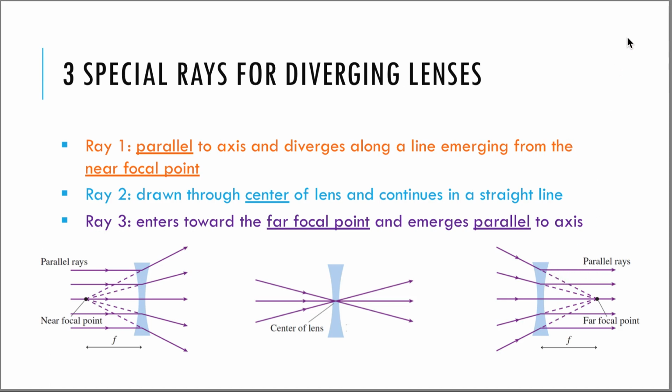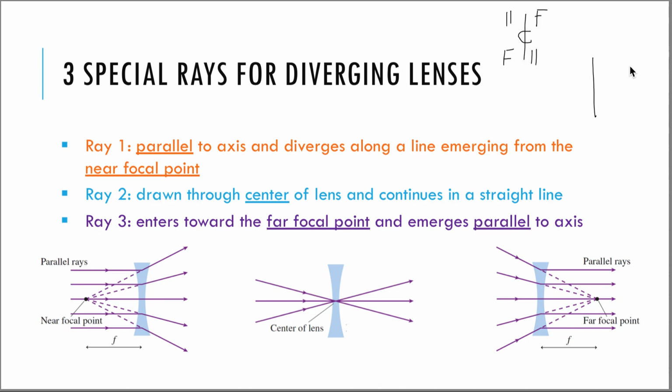The way that I remember these rays, I do my similar little symbols here, but it's different from the converging lens. For the converging lens, we said parallel on the left side, focal point on the other; it went through the center; focal point on the left, and parallel on the other. That was the converging lenses.